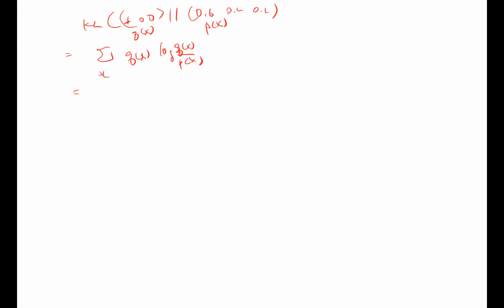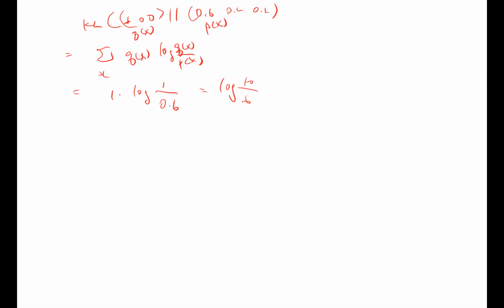Qx is just equal to 1, so it's just 1 times log of 1 over Px, which is 0.6 here. So it's basically log 10 over 6, yeah.